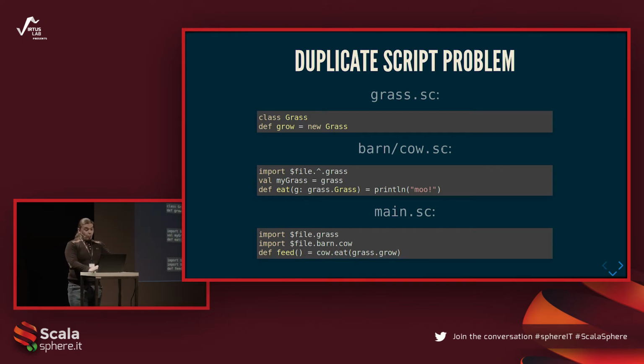Then we have a cow file that is located in the barn directory, as it can be, that imports the grass module and allows the cow to eat the grass from that module. Now, this seems like it should work if we try to import both of those at the same time and then try to feed the cow the grass. Well, sadly, this doesn't actually work.